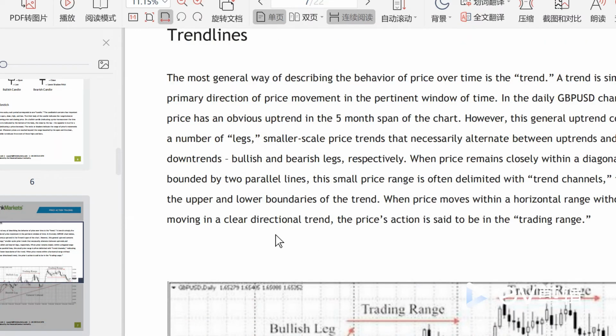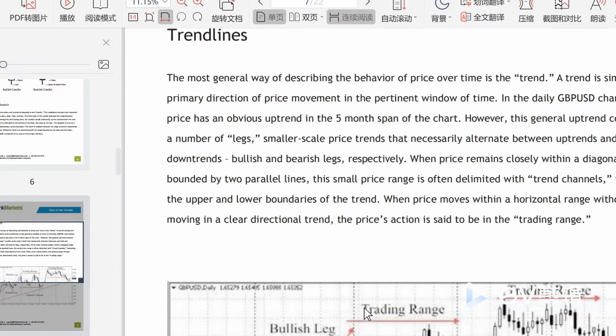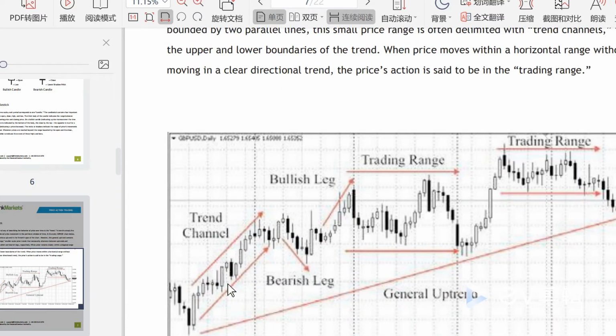So what do the legs mean? This general uptrend contains a number of legs, small-scale price trends, not necessarily alternating between uptrends and downtrends. So you have bullish, bearish, and bullish legs. These legs are small momentum moves inside of the bigger, more general uptrend or downtrend.